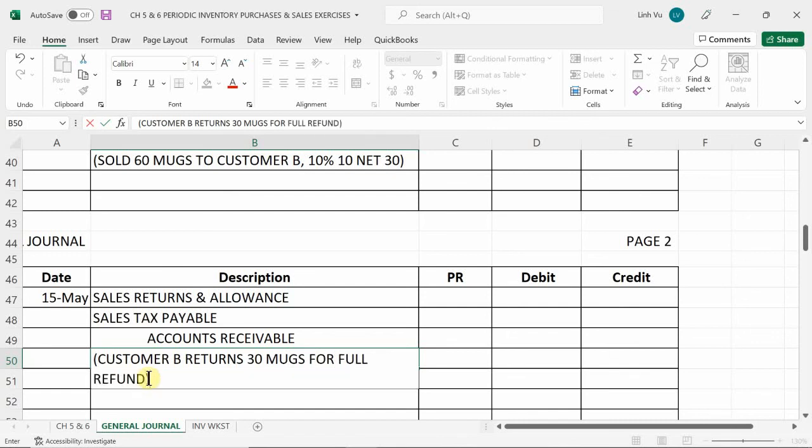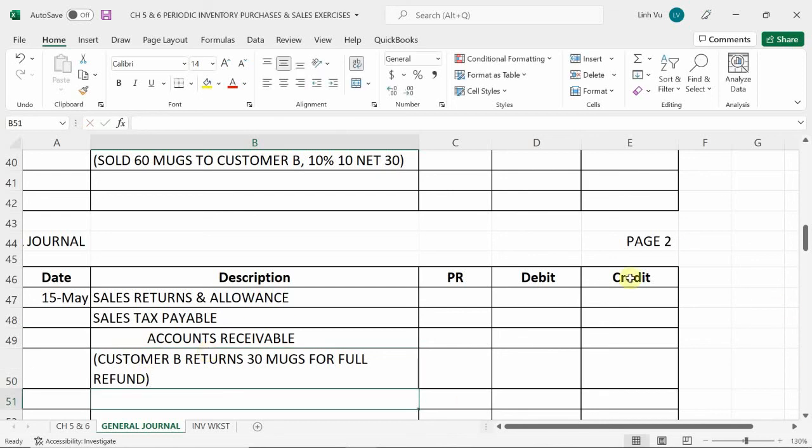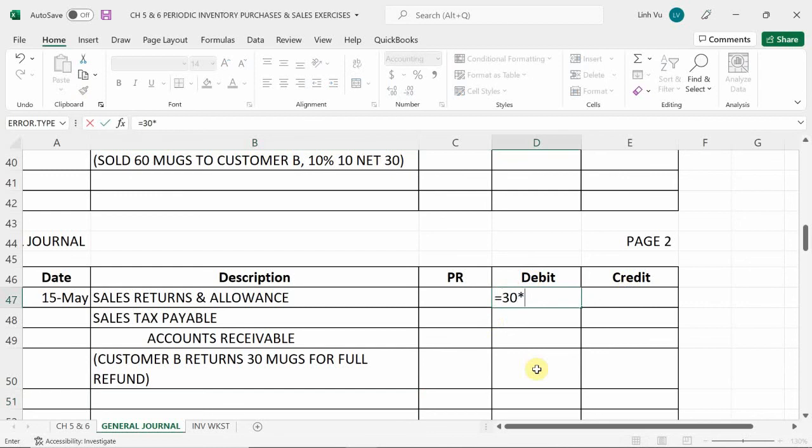If he is returning 30 mugs, how much did we originally charge him for every mug? $9.99, right? So in this case, how much is my total sales returns and allowances?